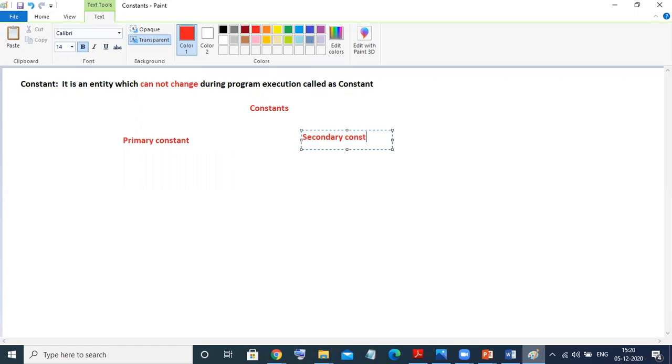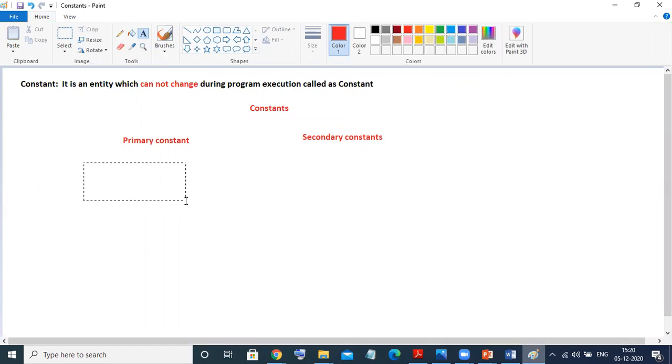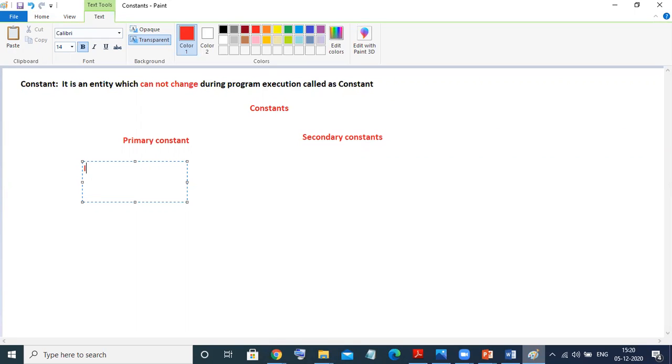Primary constants means integer constant, second is floating or real constant, and third one is character constant.